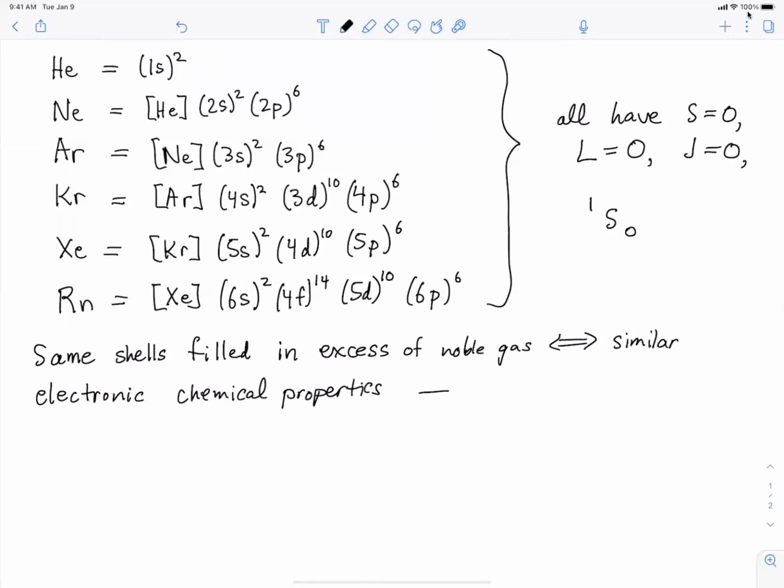And so those correspond to things that are in columns of the periodic table.